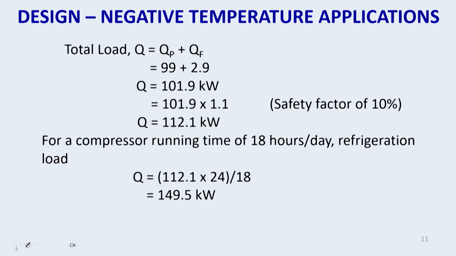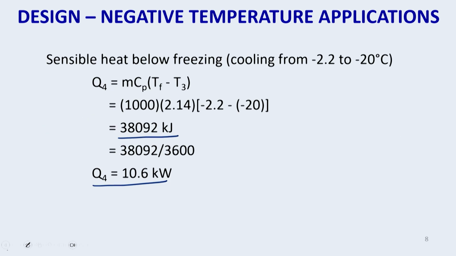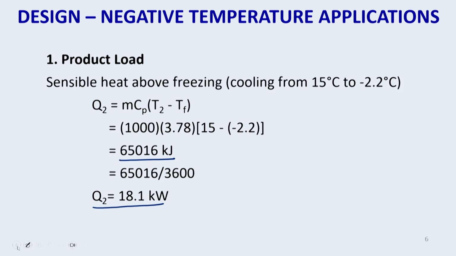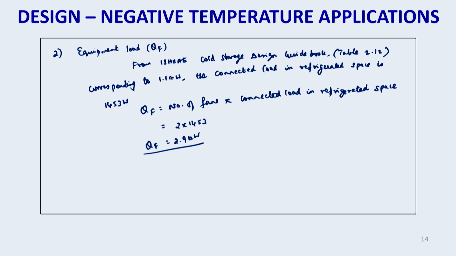So now the total load. I have explained that in a plate type freezer there is no lighting load, no occupancy load, there is no infiltration load. Therefore, in a plate freezer, infiltration load is equal to 0, occupancy load is equal to 0, and QL is equal to 0.